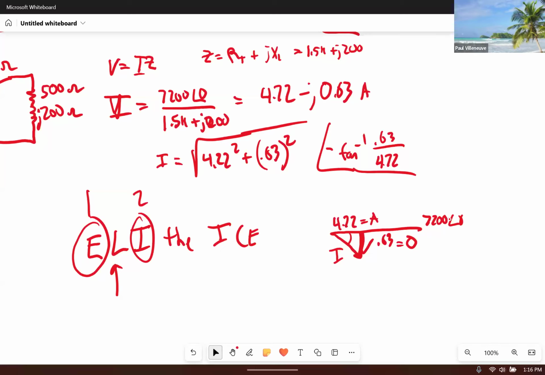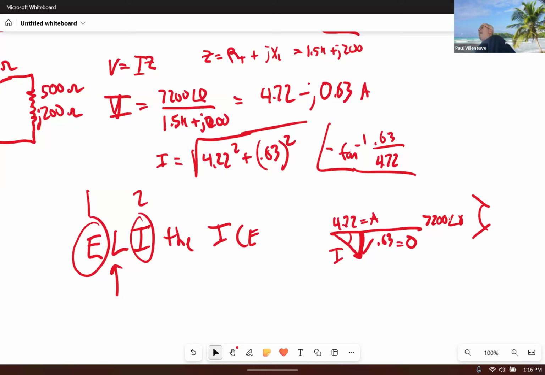Everybody understand what the rotation is for a sine wave? Any general sine wave? It is always counterclockwise. Probably were taught that in physics back in the day, but you always have counterclockwise rotation. So if I put my eyeball over here, the one I see first is voltage, and then the current is next.